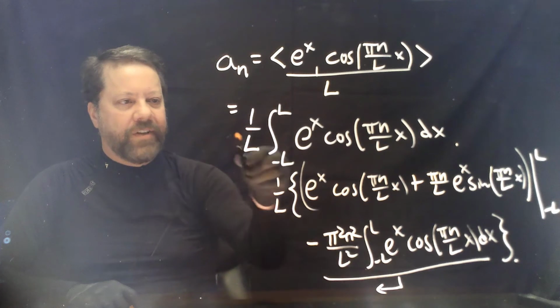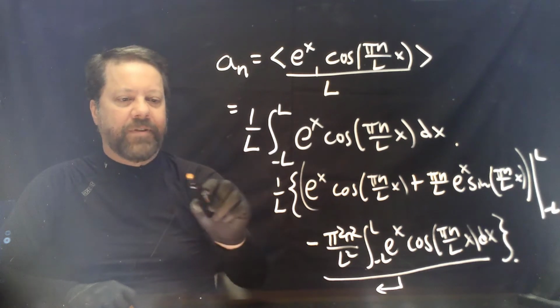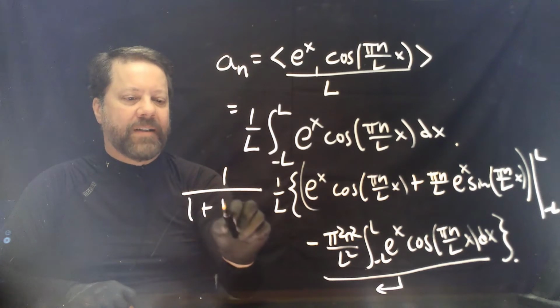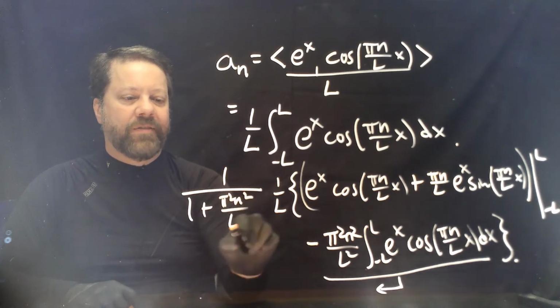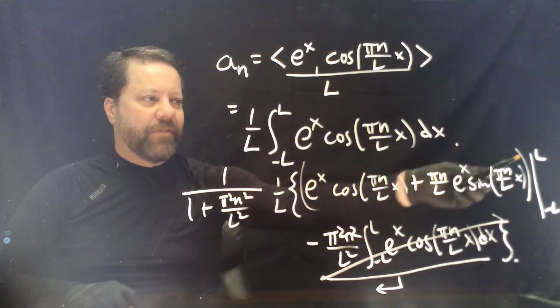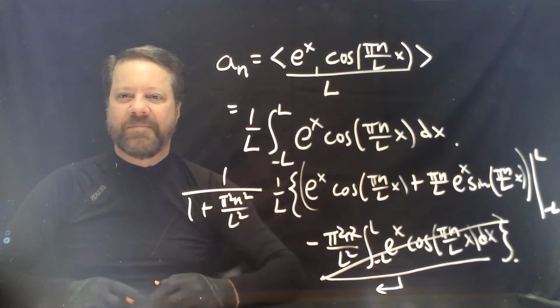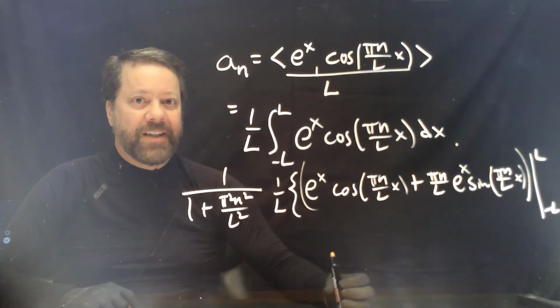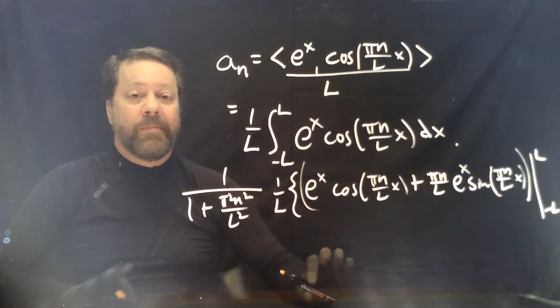So moving this over to here and then dividing the common coefficient off, it's 1 over 1 plus pi squared n squared over L squared. And now we just have to evaluate this expression here. Once you get the hang of this tabular method of integration by parts, it's going to be the best thing ever.